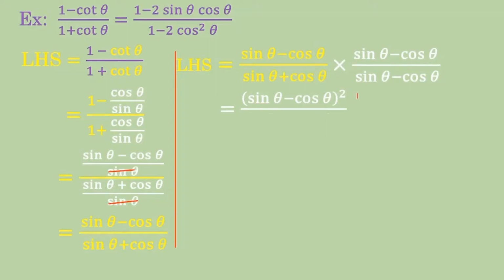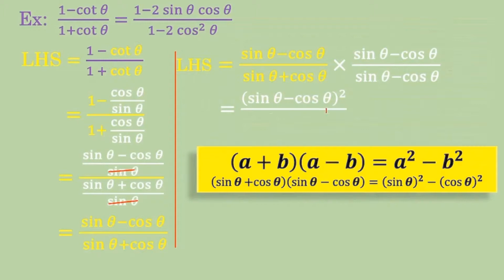In the denominator, apply the formula of (a plus b) into (a minus b) equal to a square minus b square. Let us suppose a equal to sin theta and b equal to cos theta. Therefore, a plus b is equal to sin theta plus cos theta and a minus b is equal to sin theta minus cos theta.